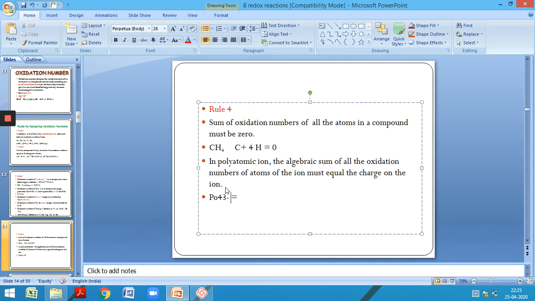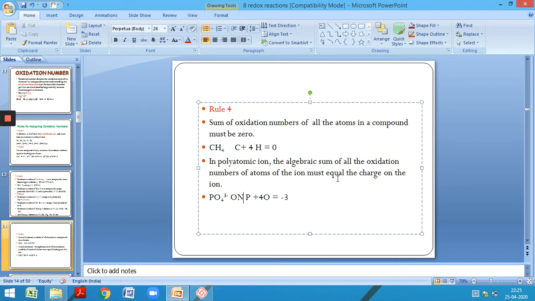The oxidation number of phosphorus plus 4 oxygen atoms is going to be equal to -3 because the charge on the phosphate ion is -3.